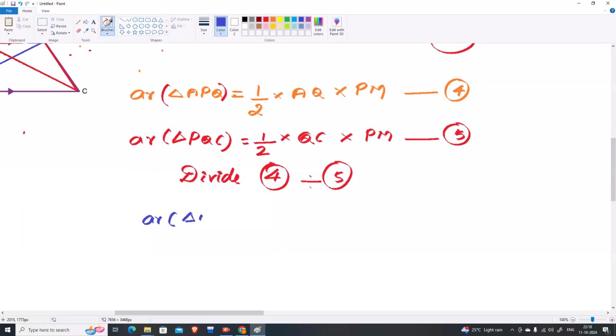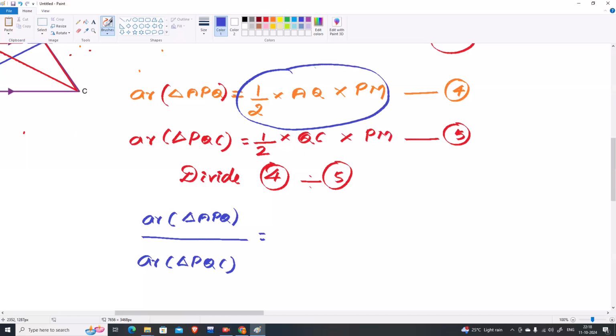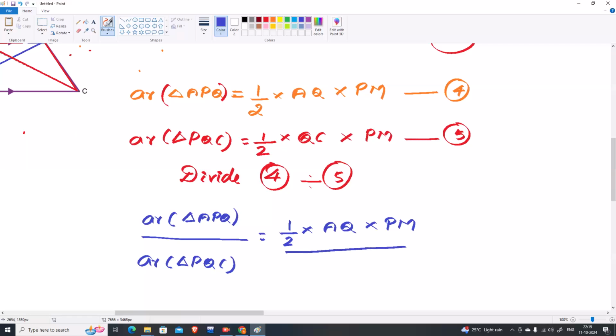So according to the fourth one, left hand side area of a triangle APQ, and then denominator area of a triangle PQC, which is equal to the right hand side half into AQ into PM, by half into QC into PM.